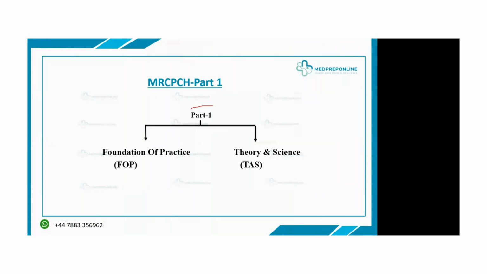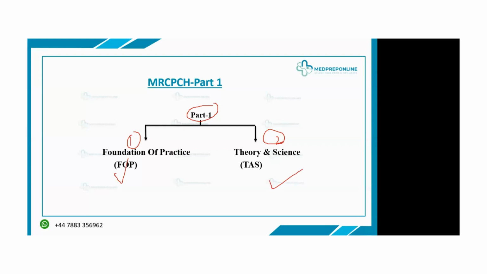Basically, it is called Part One, which has two papers: Foundation of Practice, and Theory and Science. You have to pass both papers separately. It's not that you attempt them together in one day and you have to pass them together. You have to pass FOP separately, then you have to pass TAS separately.